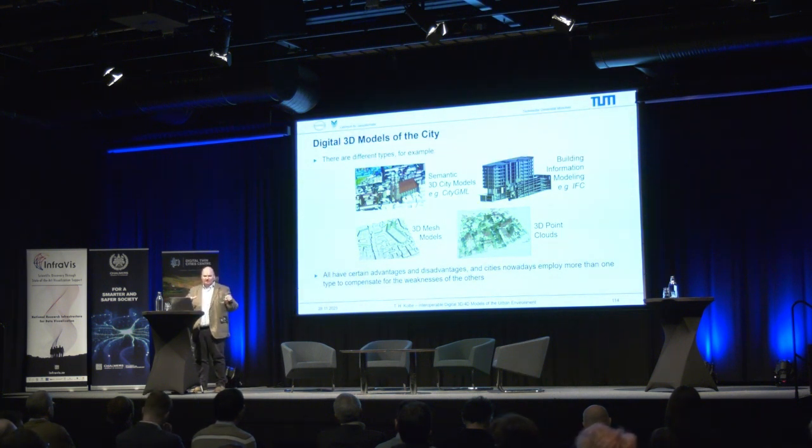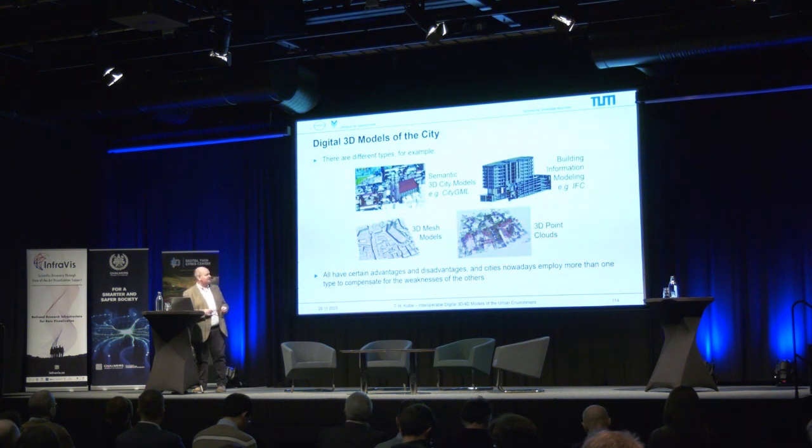When you see the nice 3D visualizations, that's just a mesh. In the end, everything is just a triangle with a bit of texture mapped on it, so it looks very realistic, but there is basically no information about what you see. Do you see a parked car? Do you see a tree or a building? What kind of building, etc.? All this information is not in these mesh models. So they are nice for visualization, but not really useful for many kinds of analytical tasks.